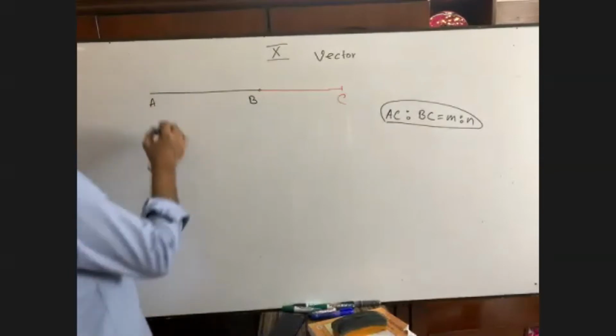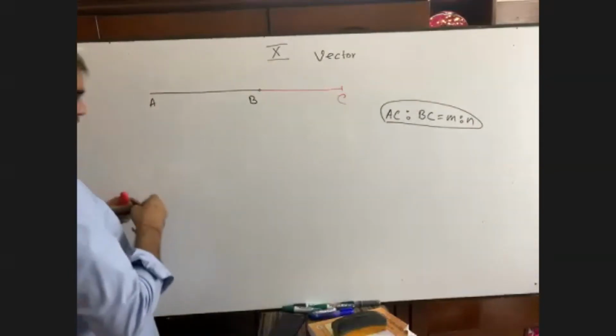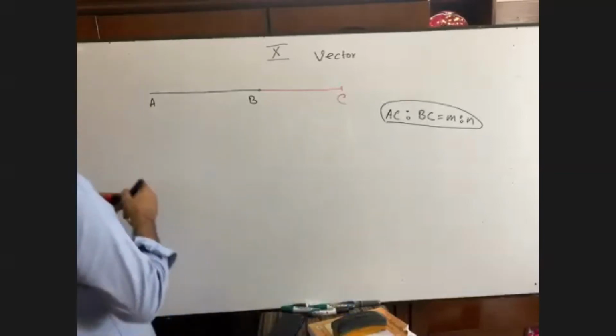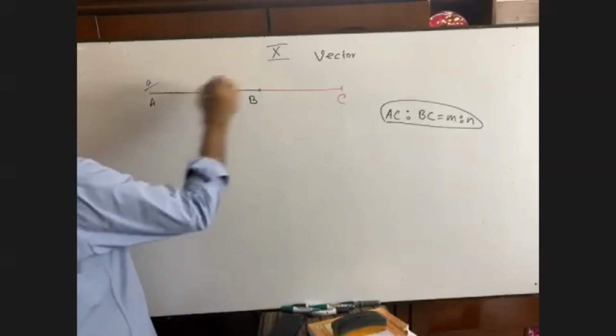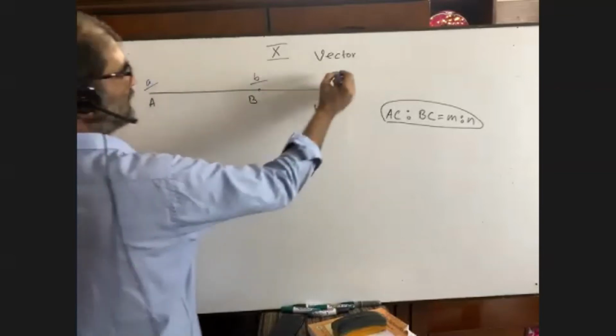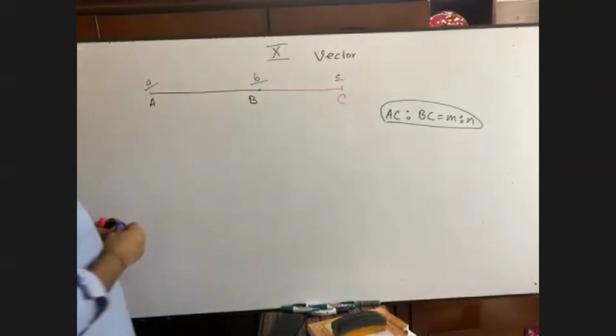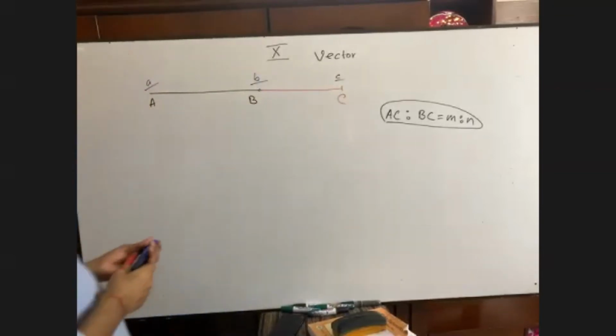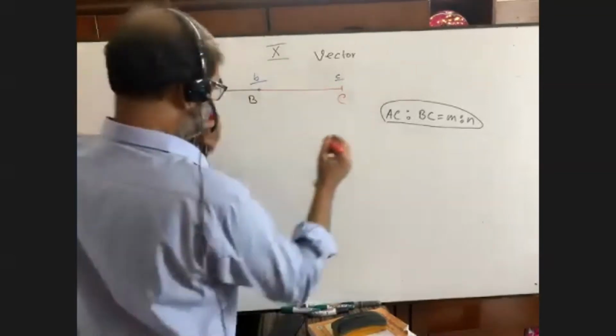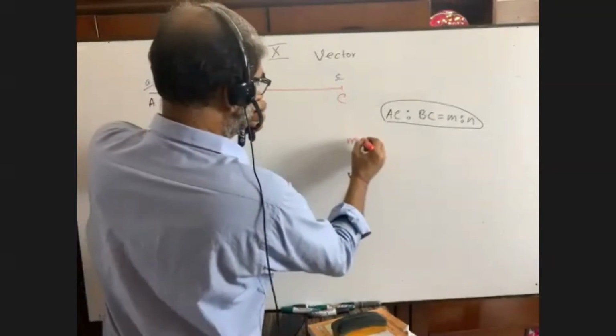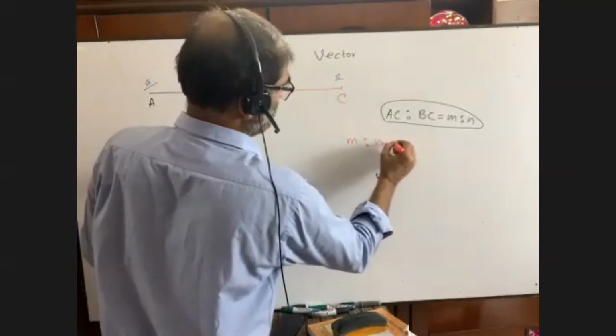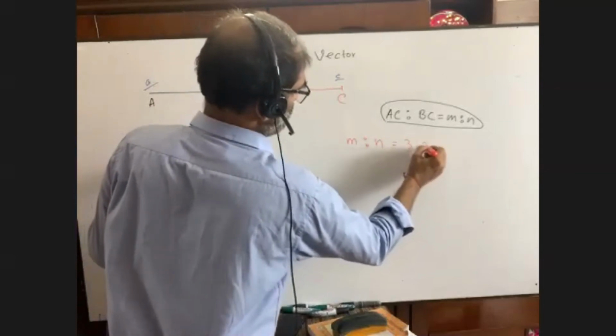And it is A, it is B, and it is C. Okay? And it is told that M is to N is equal to 3 is to 2.